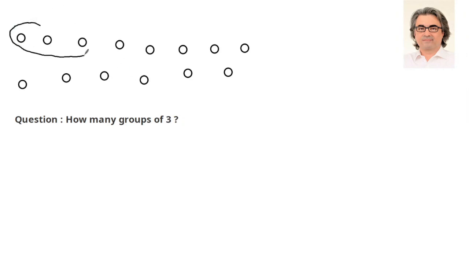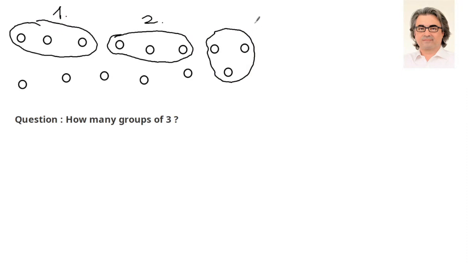The first group, the second one, and the third, the fourth, and after that I have 2 circles, and the number of circles is not enough to make a group having 3 circles or 3 members.